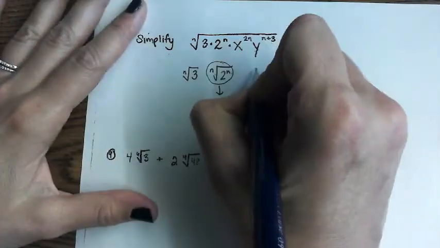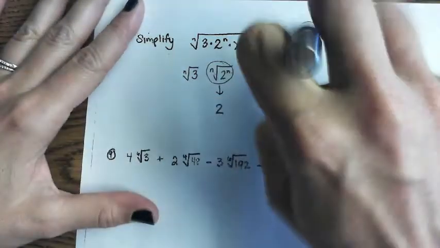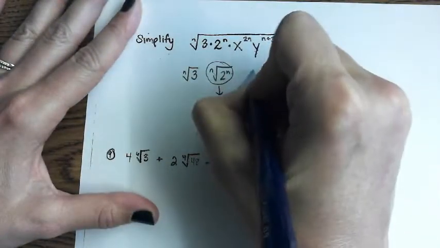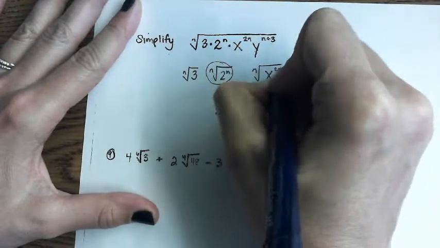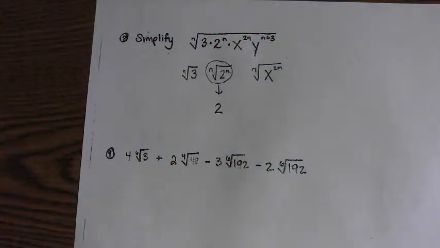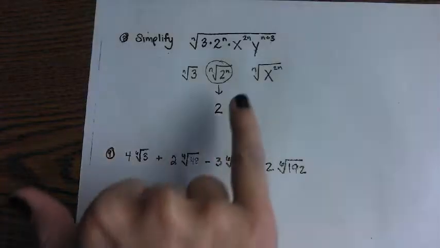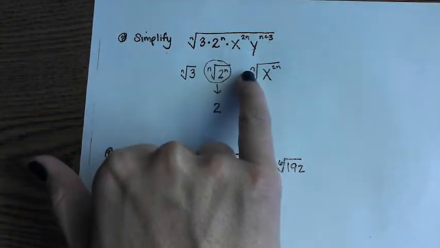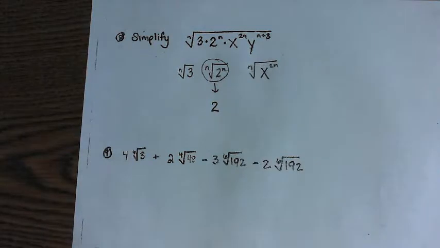The nth root, sorry, of x to the 2n. Remember, we're looking for how many times does n go into 2n, right?